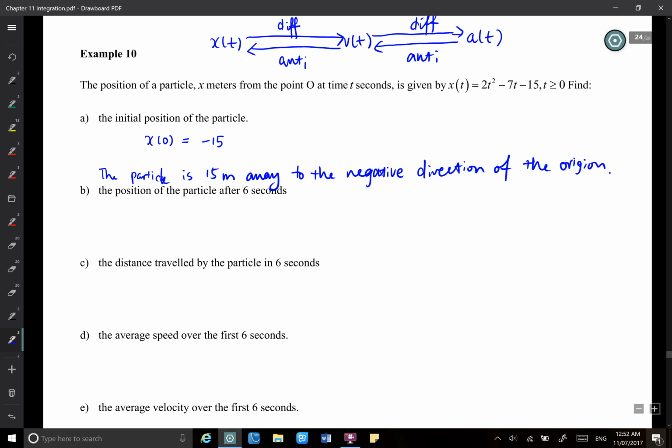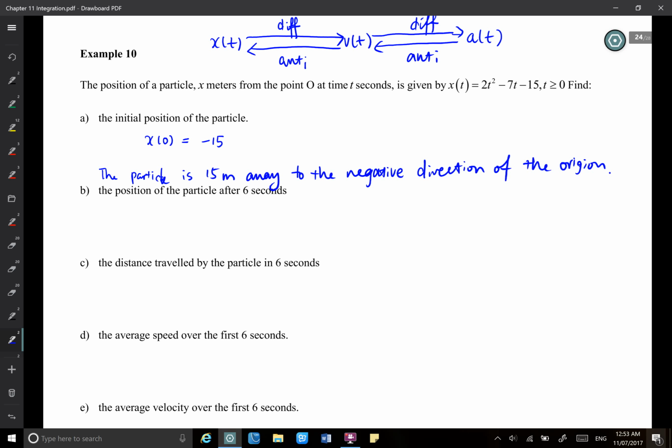You should understand that negative direction doesn't really mean negative direction. The direction is what I defined as positive. If I define left-hand side as positive, then left-hand side can be a positive 15, not negative 15. So when I see a negative 15, it must mean it's a negative direction of the origin.